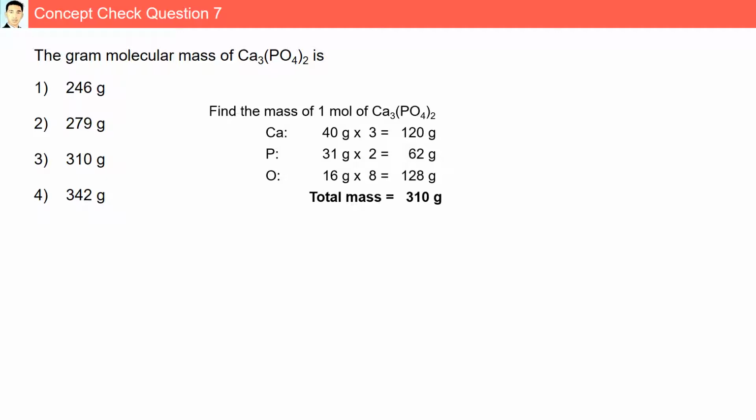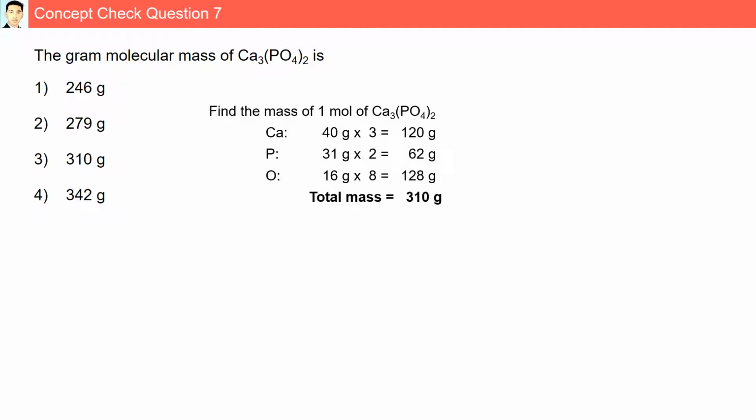There are 3 calcium atoms present for every formula unit, so we multiply it by 3 for 120 grams. For phosphorus, there is phosphorus in the parenthesis with a subscript of 2 outside, which means there are 2 phosphorus atoms present. So we have 31 grams multiplied by 2, which is 62 grams.